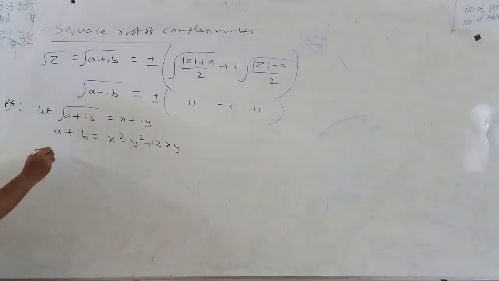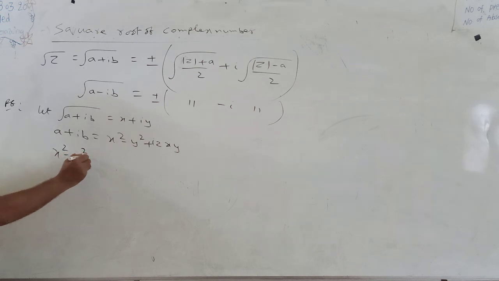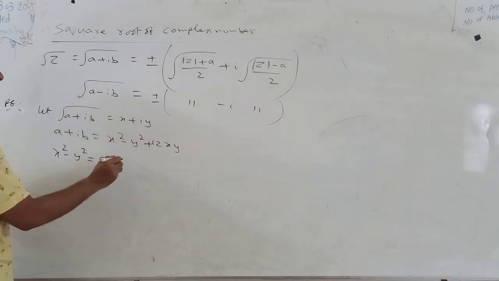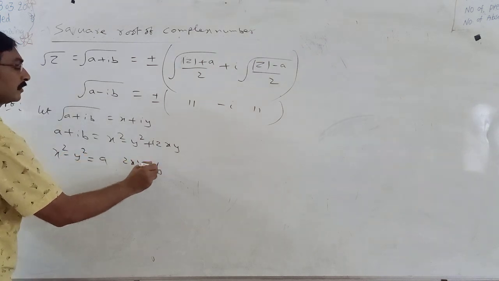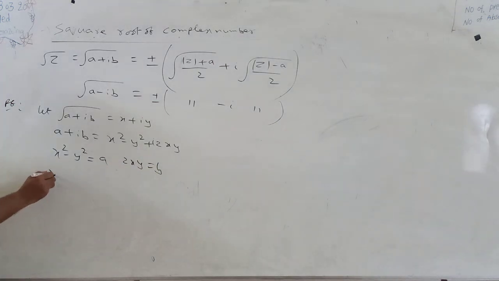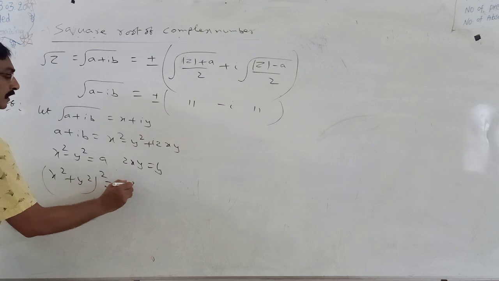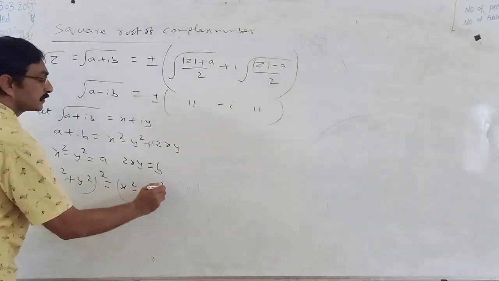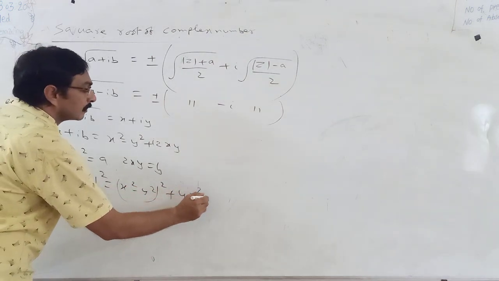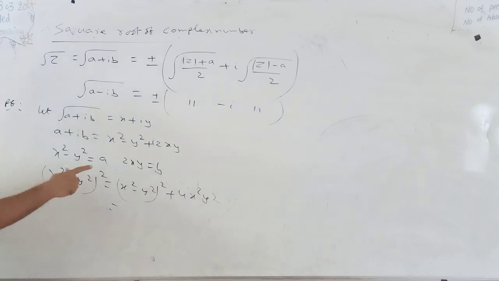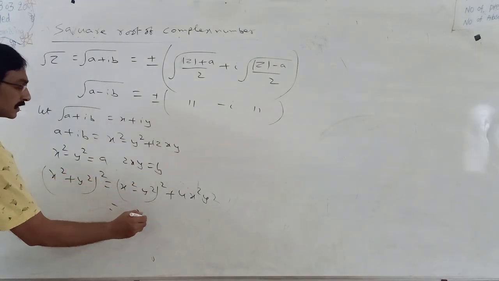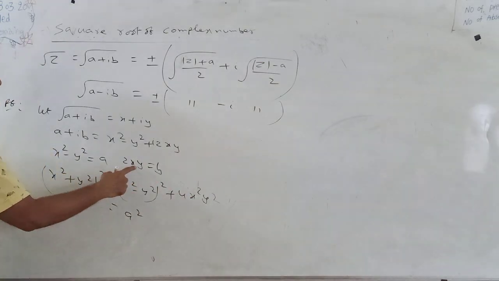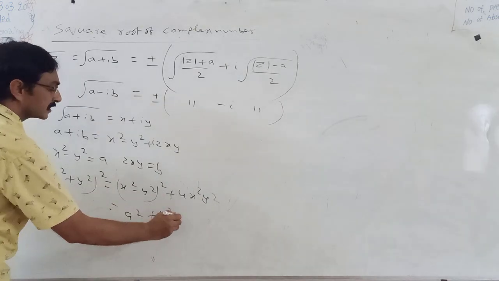By equating real and imaginary parts on both sides, x square minus y square equal to a, 2xy equal to b. From these two we can find x square plus y square: x square plus y square whole square equal to x square minus y square whole square plus 4x square y square, so by substituting these two values, it is a square plus b square.